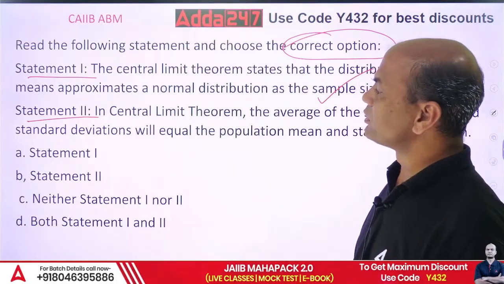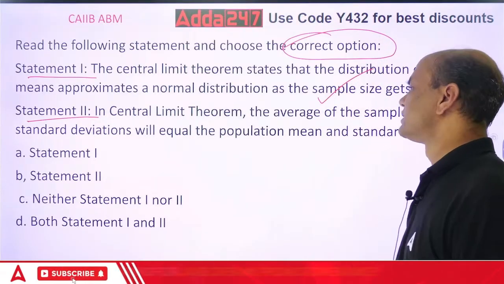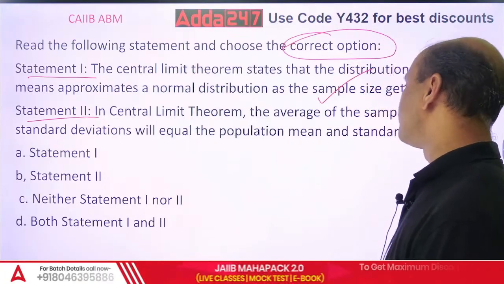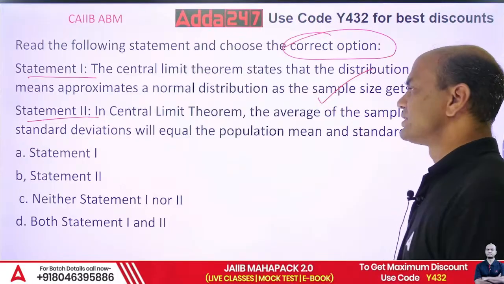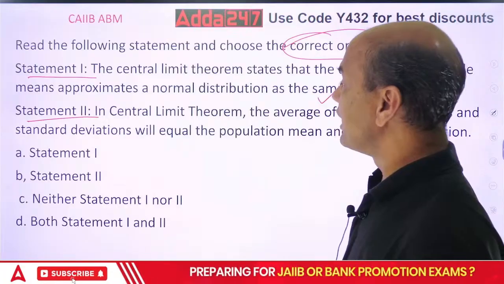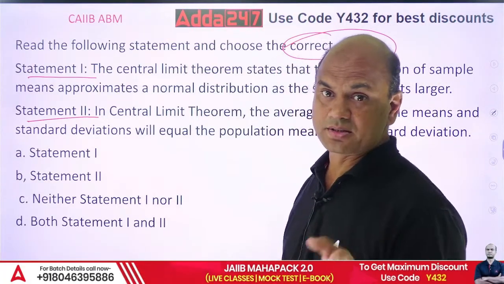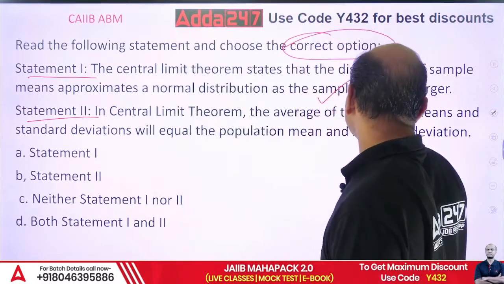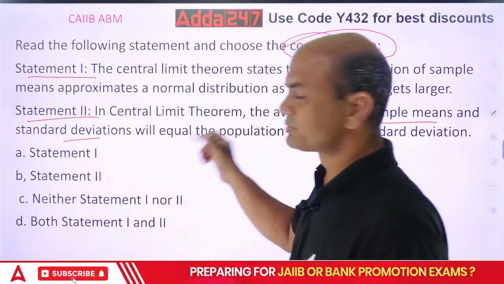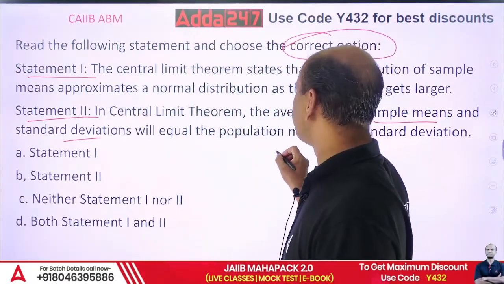What about statement 2? In the central limit theorem, the average of sample means and standard deviations will be equal to the population mean and standard deviations. So is it correct? The average of sample mean and standard deviation. Suppose I do the average of these two combined.